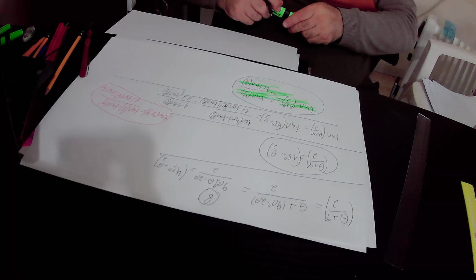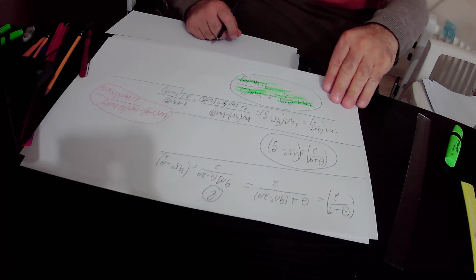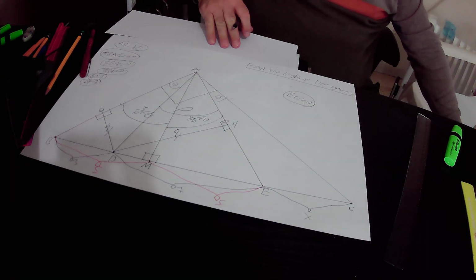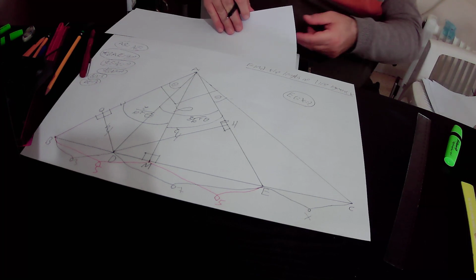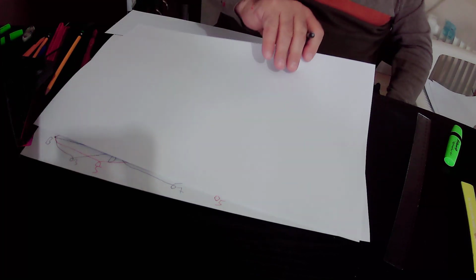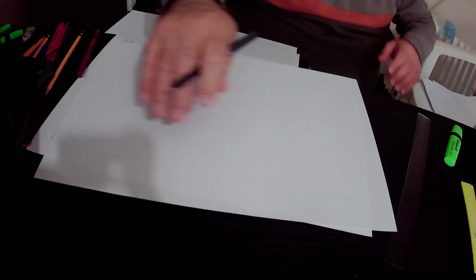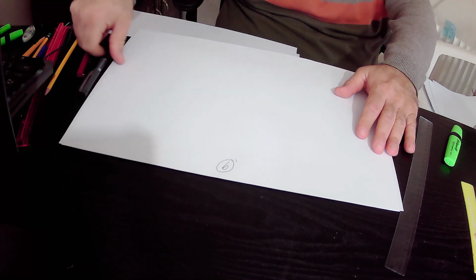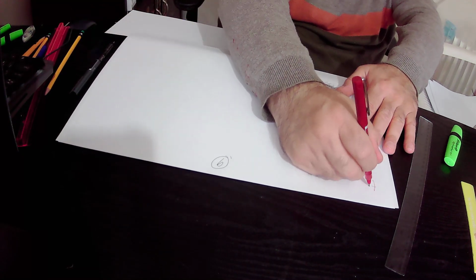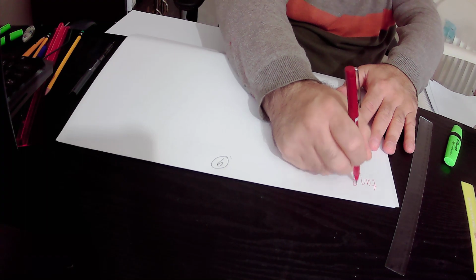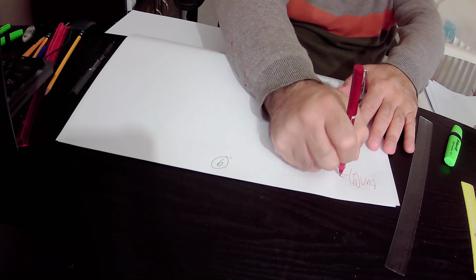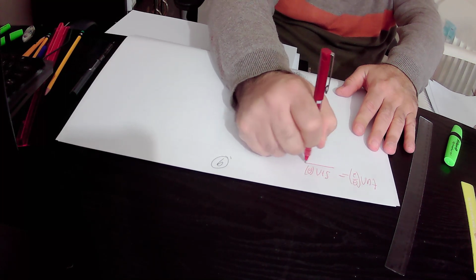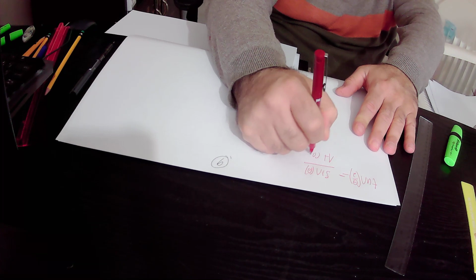And we actually have a trigonometric identity for the value of tangent theta over 2. According to the following trigonometric identity, the value of tangent theta over 2 is equal to sine theta over 1 plus cosine theta.